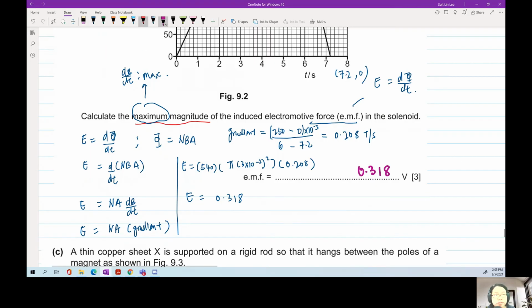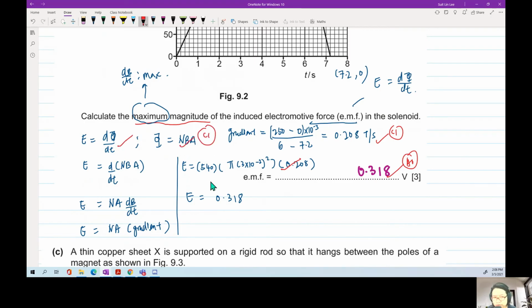Okay, where do I think the 3 marks are? I think the 3 marks are, number 1, if you know how to find the correct gradient. I will call this C1. Obviously the answer there is A1, and the answer A1 will come together with the right substitution. The next mark is when we see the flux dt and flux is NBA.